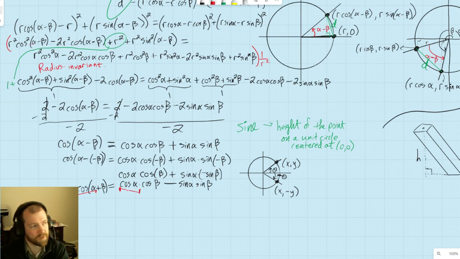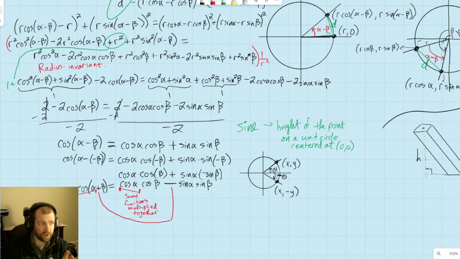And also in terms of cosine, your functions will be the same, so your cosine matches with your cosine, your sine matches with your sine, but at a cost that our signs between the numbers have to be opposite each other.